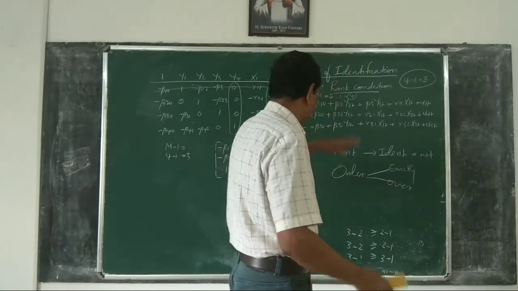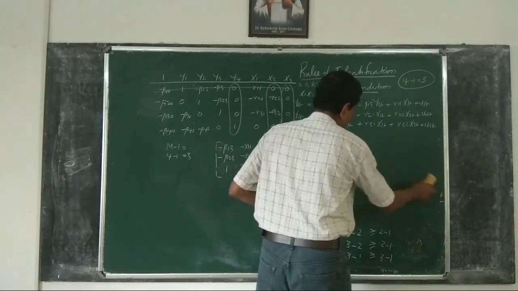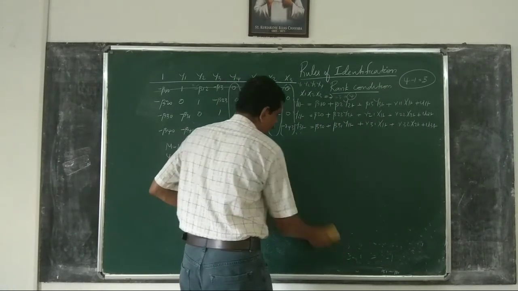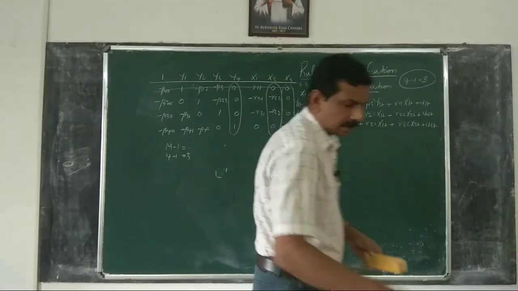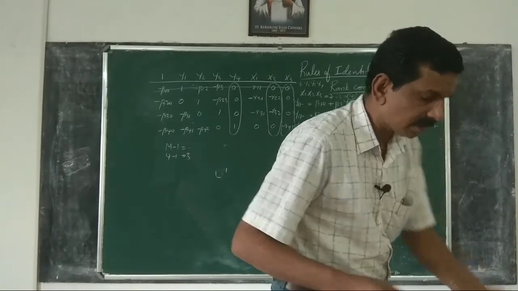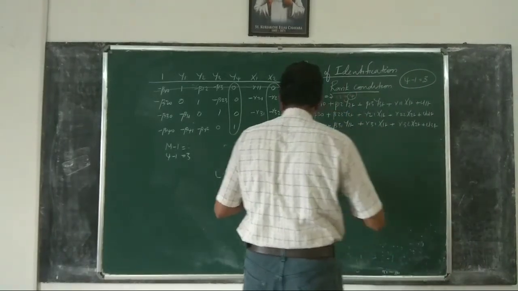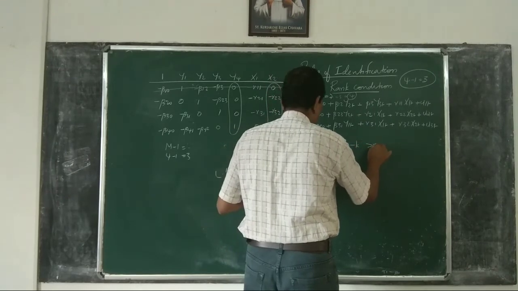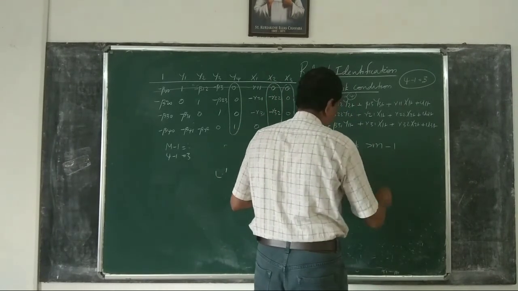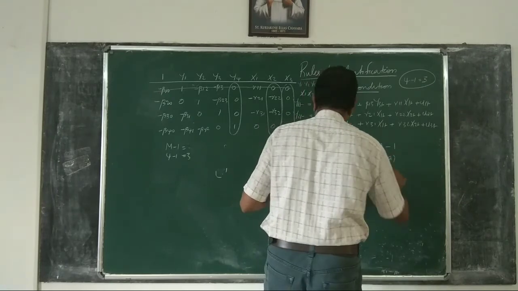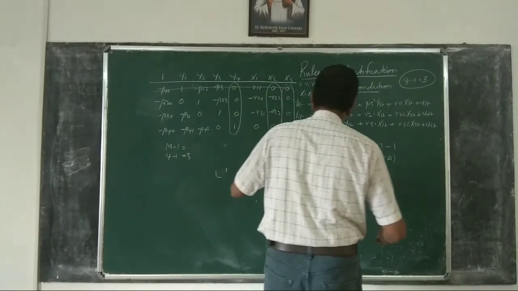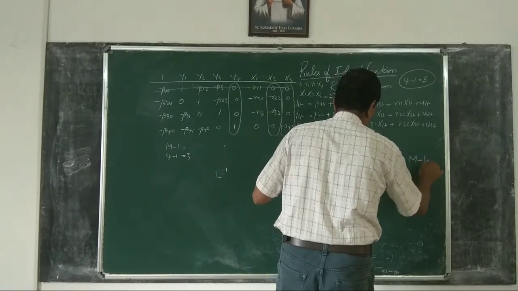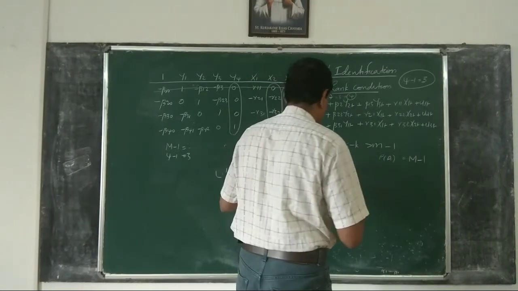In the subsequent classes, we will consider a few more examples of identification and also some additional points. Before concluding this session, consider these points. If K minus k is greater than m minus 1, and if the rank of the A matrix is equal to m minus 1, the equation is over-identified.